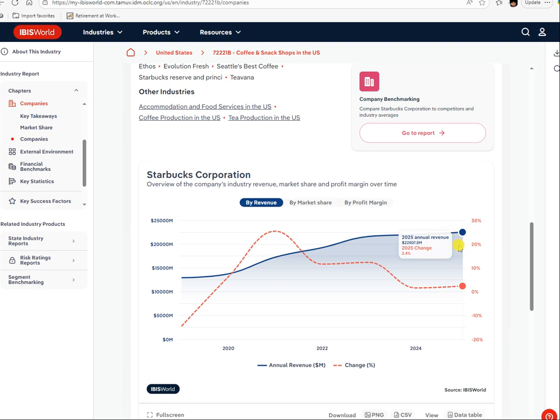These blue lines are annual revenues and the red dashes are percentage changes. See, it's a market competition. You can see the competition, the change of revenues is slowing down in recent years.